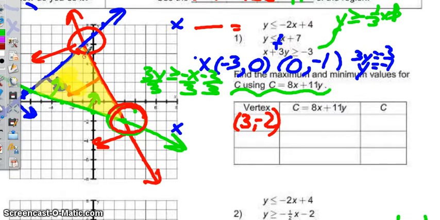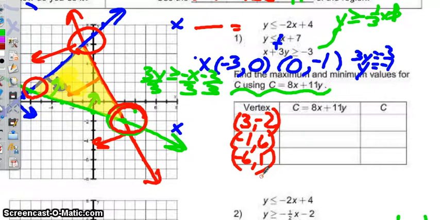Yeah, look at your paper. -1, 6. All right, good. So left 1 up 6. And then what's this last one? You said it. -6, 1. Left 6 up 1. There we go. All right. So those are my 3 points that I'm going to check.